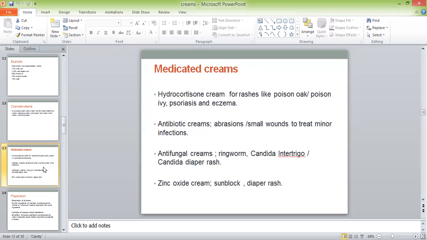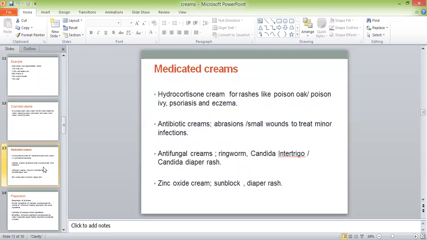Hydrocortisone cream is also used for pain, for rheumatoid arthritis, and for swelling and itching skin. Psoriasis, I have already told you, is a sort of skin disease in which redness appears on the skin. And eczema is a dry scaly patch on the skin.